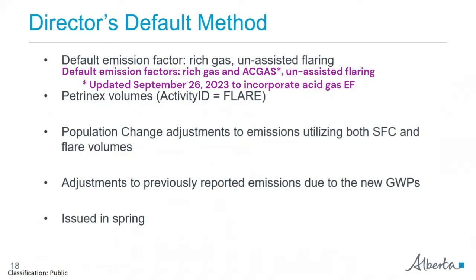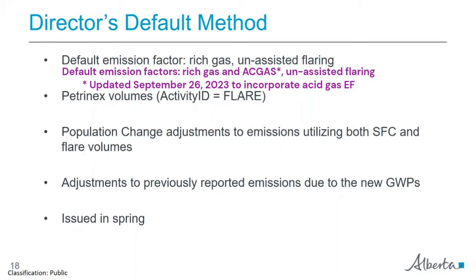Starting from 2023, both stationary fuel combustion and flare volumes will be used in EPA's standardized emissions adjustments due to population change in aggregates. The population change adjustments will be applied to each reference year with valid data. As pointed out in the January 2023 webinar about the tier regulatory system amendments, the global warming potentials for methane and nitrous oxide have changed for 2023 onwards.